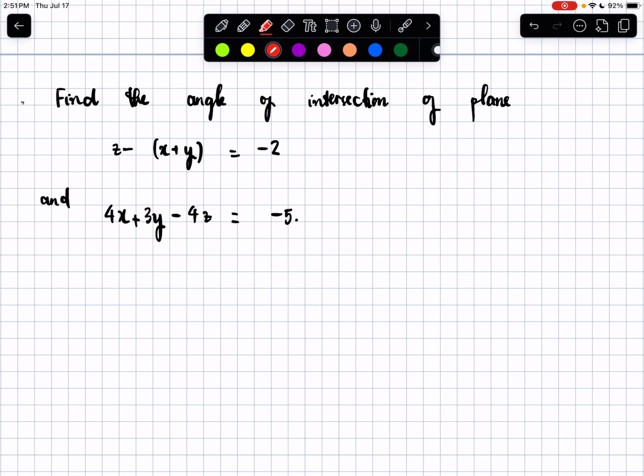This is plane A, and here's plane B. We want to find the angle of the intersection.